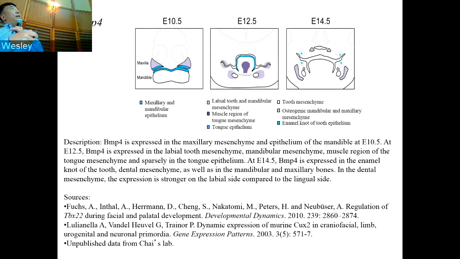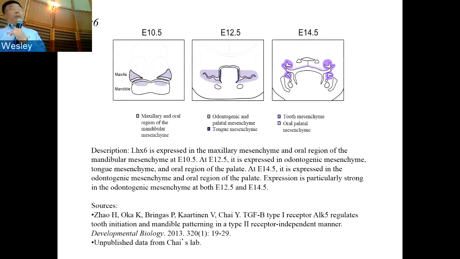And from there, this last year we have generated a lot of these gene expression maps. So these are not just real data, but also schematic drawings. You can go on to look at this, and look at where BMP4 is expressed, in the maxilla mesenchyme and in the mandibular epithelium, with the detailed description and also publications or our published data to support the drawing of this type of gene expression pattern.